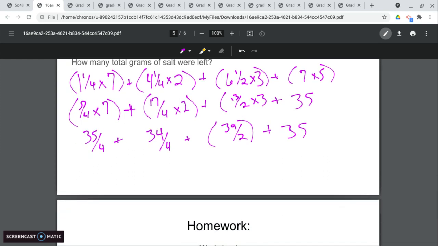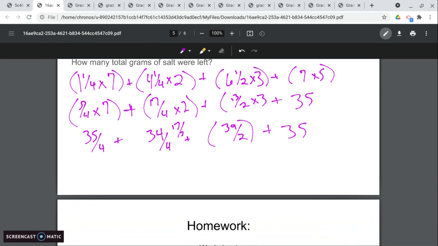So now we're going to add the 35, or we'll simplify this here. 34/4 is the same thing. We divide them both by 2. 34 divided by 2 is going to give us 17. So this is 17 halves.